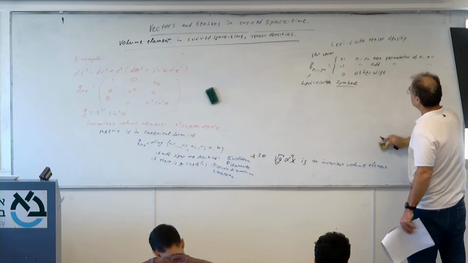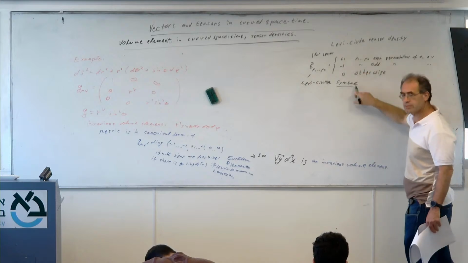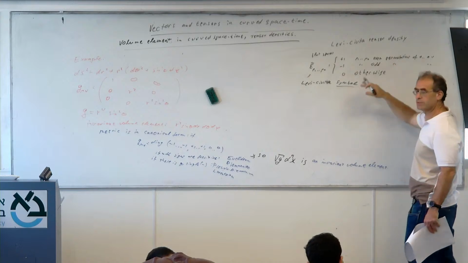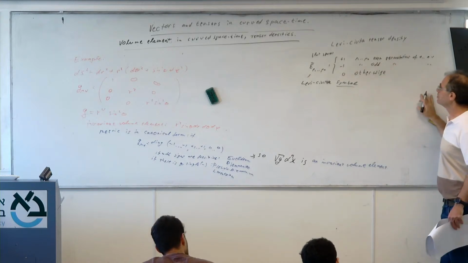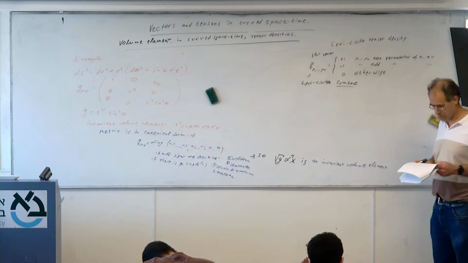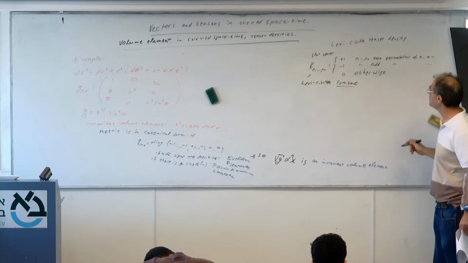So anything that is defined like that, which just gets +1, -1, or 0 based on the number of permutations relative to 0 to n minus 1, is called a Levi-Civita symbol. It doesn't matter what the coordinates are. It's in any coordinate system.